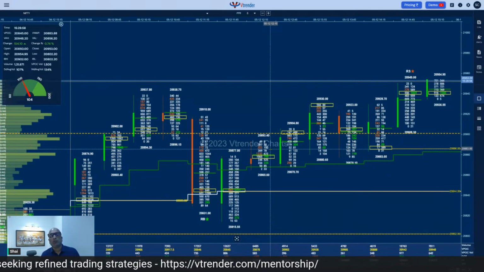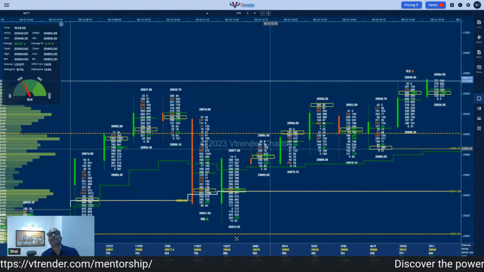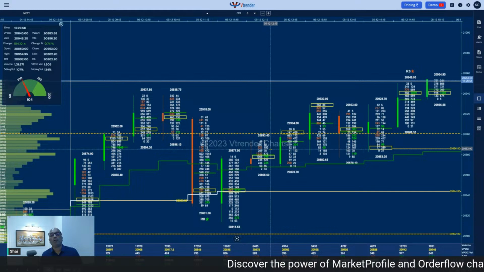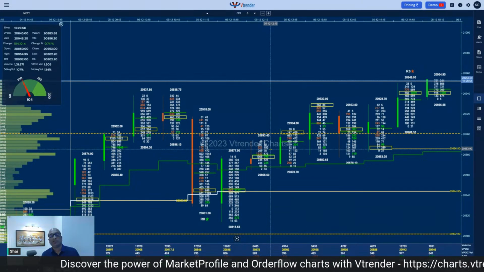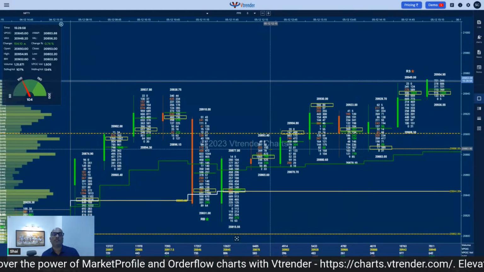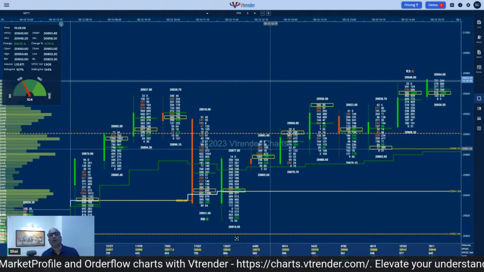Now, how do you make sense of all this? How do you know that demand is greater than supply? How do you know supply is greater than demand? Or how do you know demand is equal to supply? The answer to that is this particular chart, which you are looking at right now on your screens.